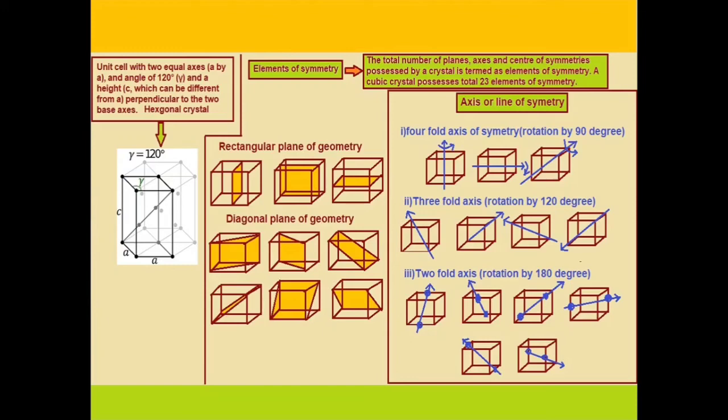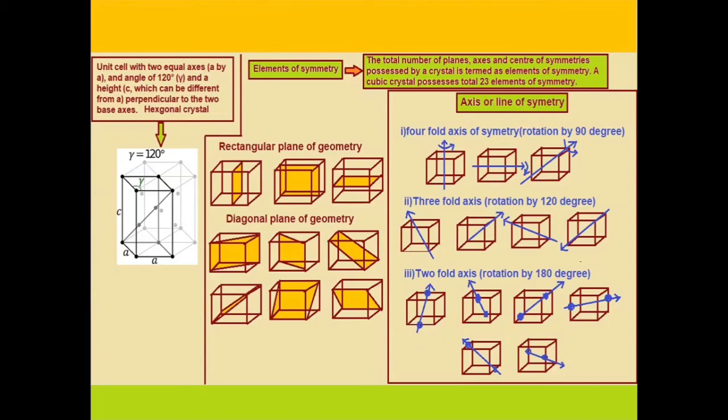In the middle column, we are considering certain diagrams of how planes are passing through the cubical structure. So rectangular plane of geometry, you are observing how planes are located in that cuboid. Now second, diagonal plane of geometry, how a plane is passing diagonally into the cuboid.